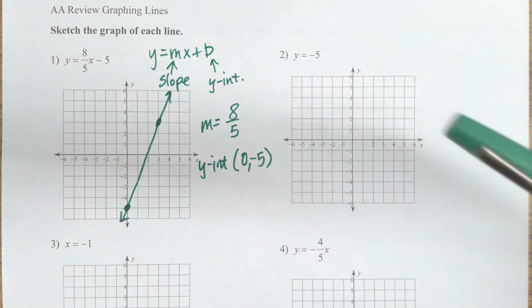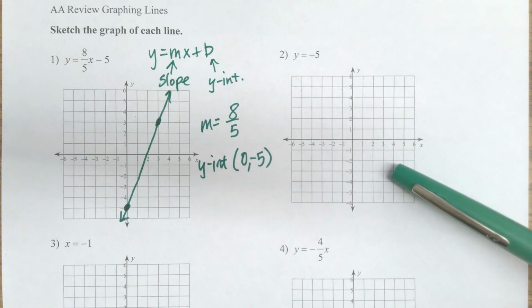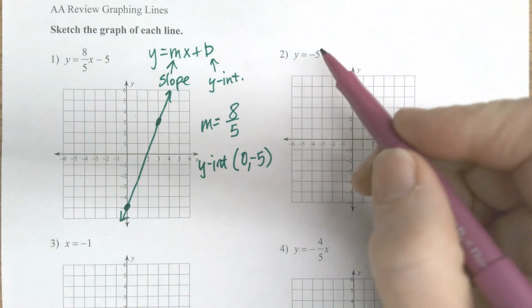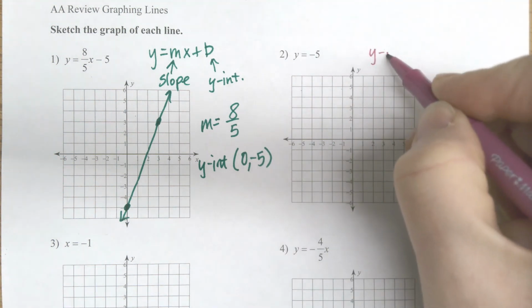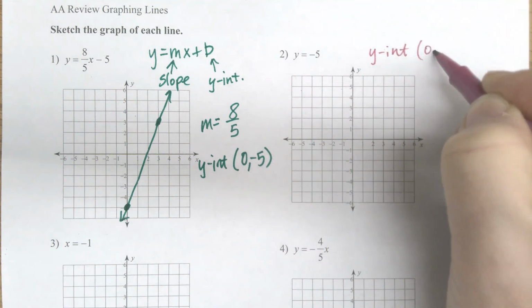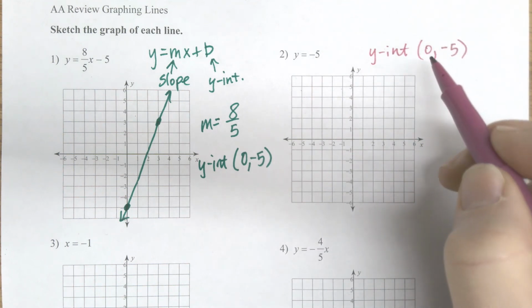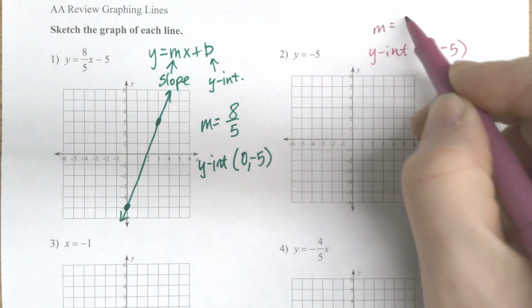We did have special cases here, like in 2 and 3, where I'm missing some information. In number 3, because it's y equals, it gives me my y-intercept at 0, -5. Because there is no x term, that makes my slope 0.